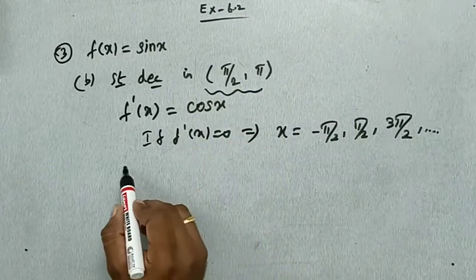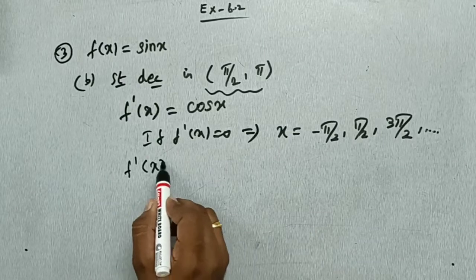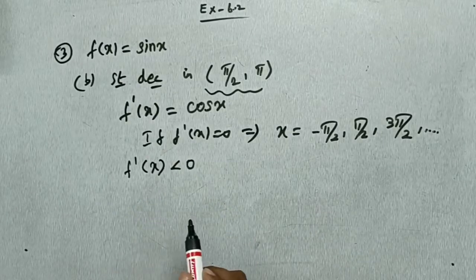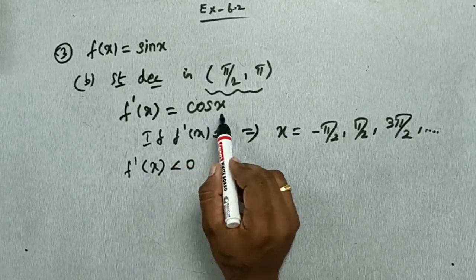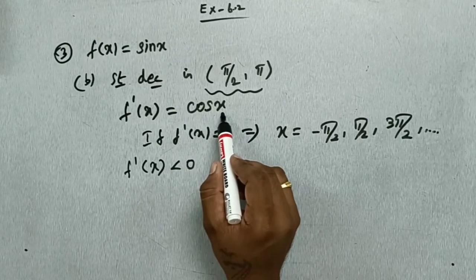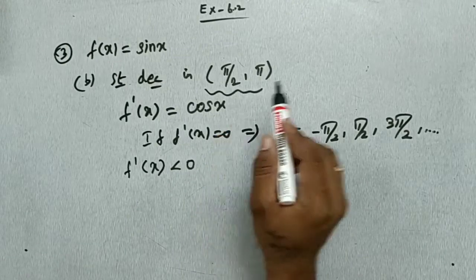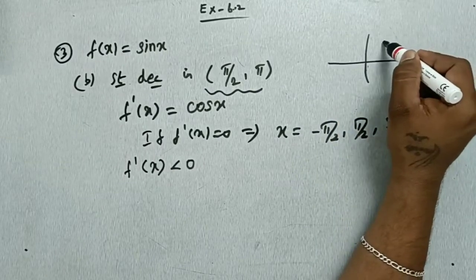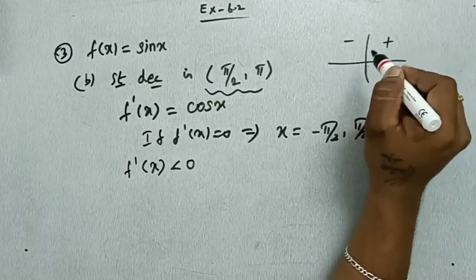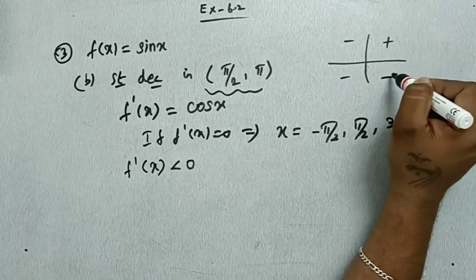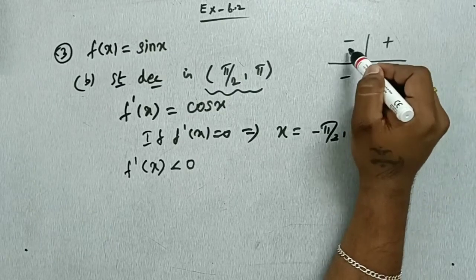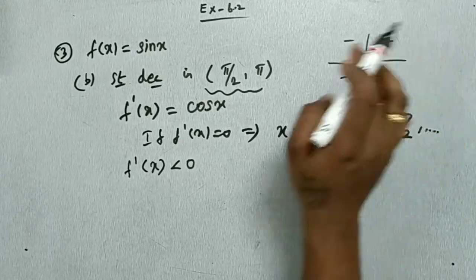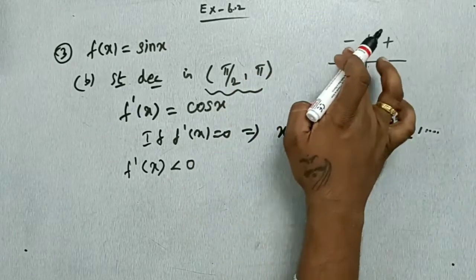So clearly we can say that f dash of x is less than 0, because our f dash of x is cos x. The cos function is negative in the second quadrant. Cos is positive in the first quadrant, negative in the second quadrant, negative in the third quadrant, and positive in the fourth quadrant. Our interval is the second quadrant, so cos is negative.